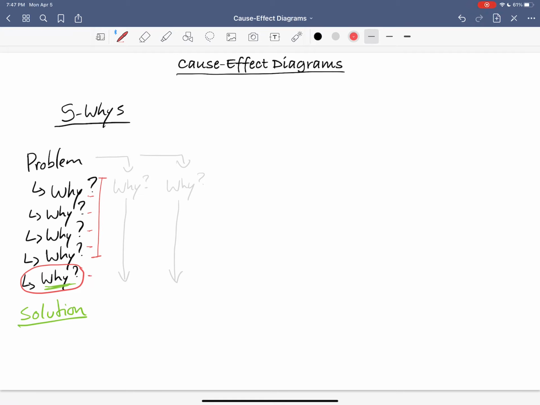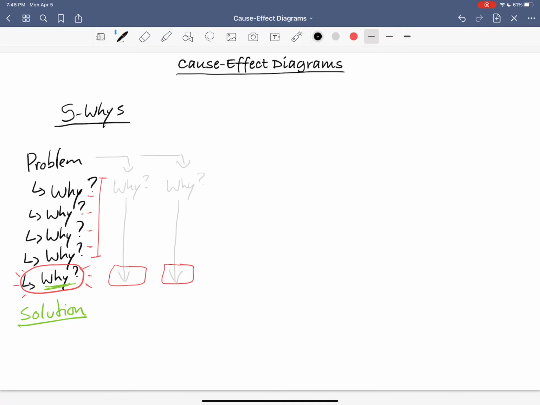The last piece is that this sort of thinking leads people to believe that if they only focus on a single why, they're going to solve the problem. But normally it requires addressing multiple different causes to be able to address issues in a complex adaptive system.